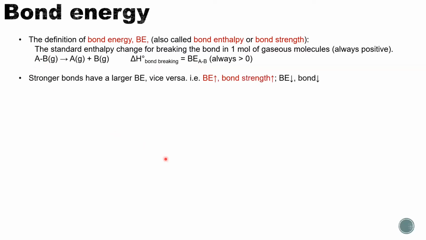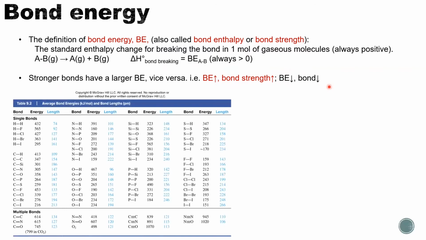So strong bonds have a larger bond energy, and vice versa. The larger the bond energy, the stronger the bond is, and the smaller the bond energy, the weaker the bond is. In the textbook, table 9.2 lists many common chemical bonds and their bond energies.